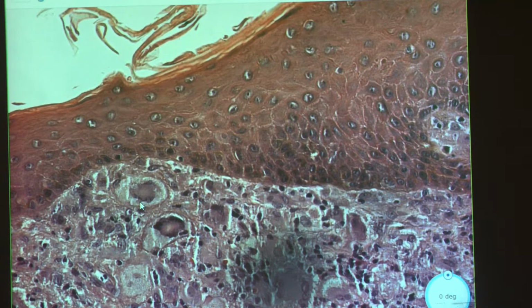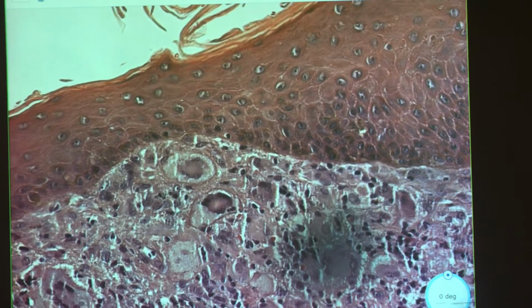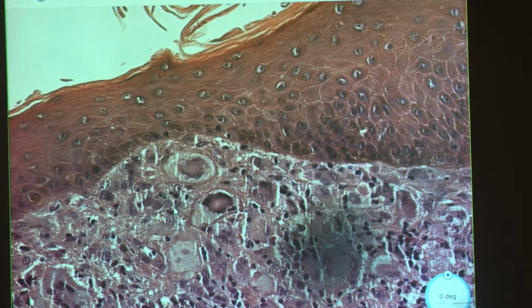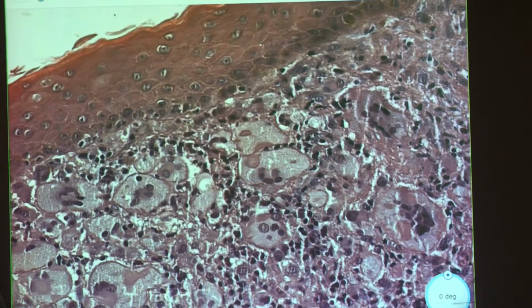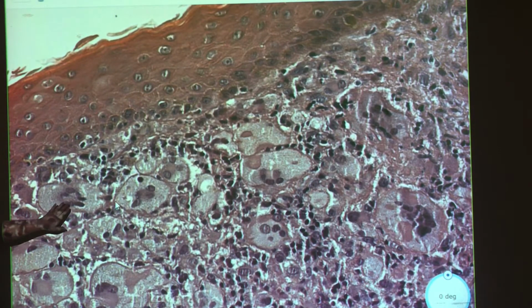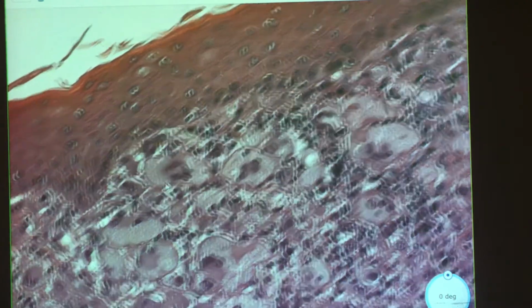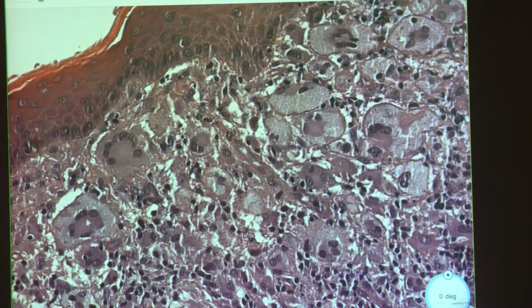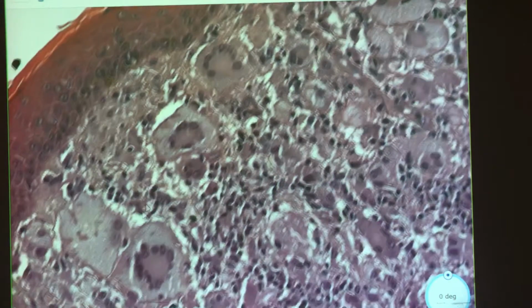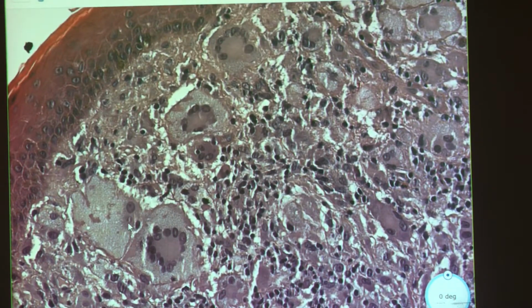I don't know. I think the fixation is somewhat poor in these areas, but maybe it's part of the cell, because this one looks a little more intact. Giant cells, giant lipid cells. Look, that one is so pretty.